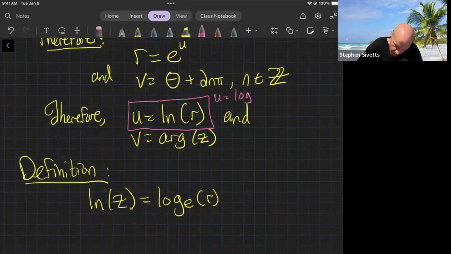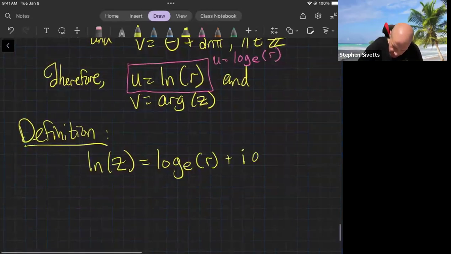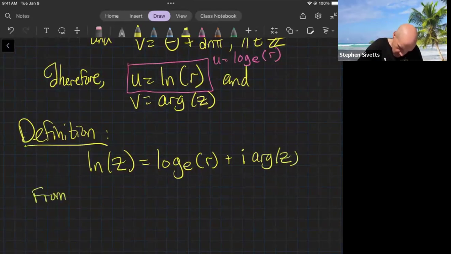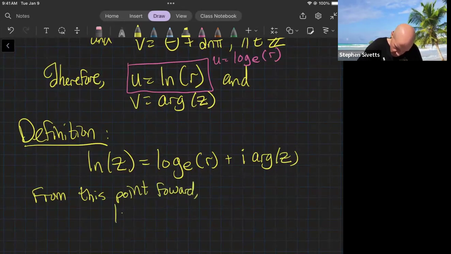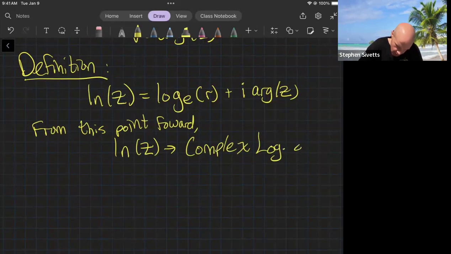So I'm going to label the natural log of a real number as log base e of r, plus i times the argument of z. So from this point forward, little ln of z will represent the complex logarithm, the complex log of z. Okay.